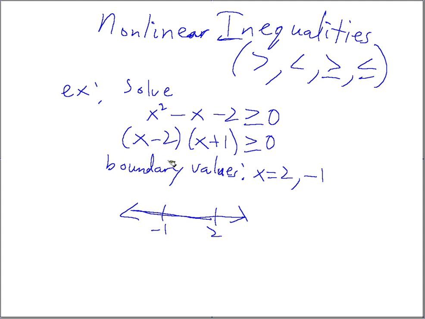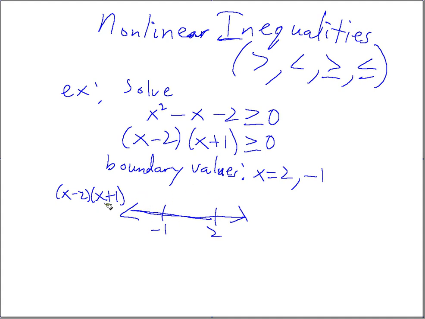So let's put this product on the side here, on the left-hand side: x minus 2 times x plus 1. How do we analyze this? Well, if I set up my number line like this, you can see that there are 3 regions I need to test the sign of this product.